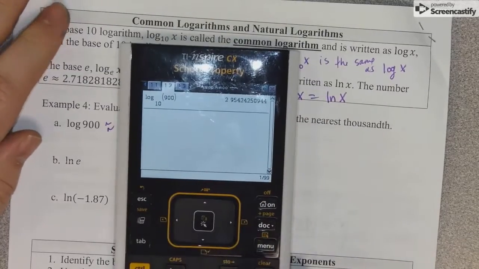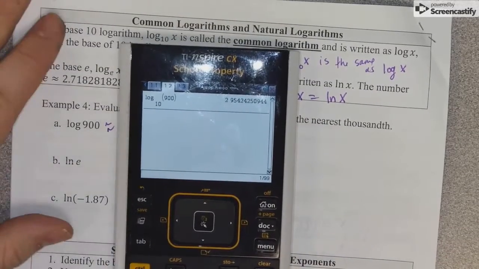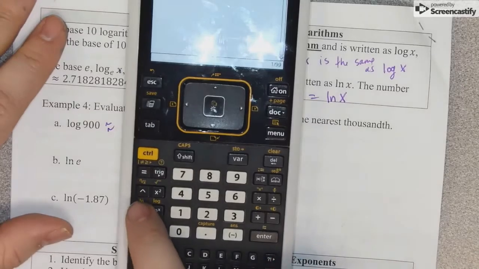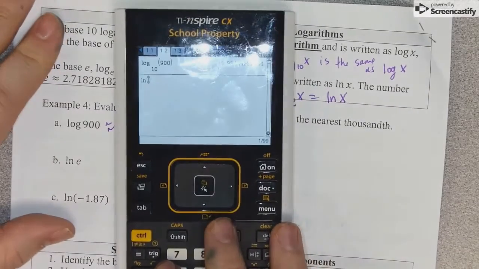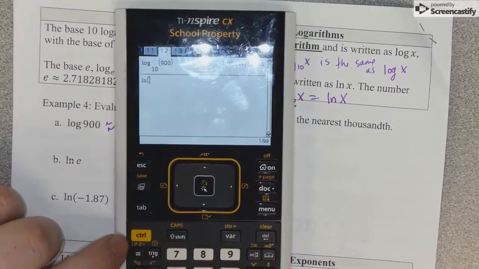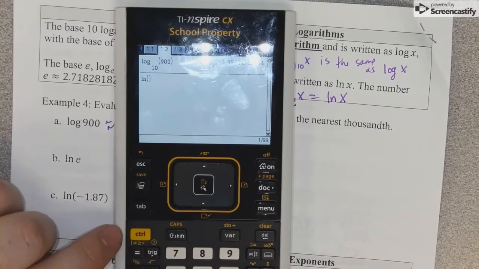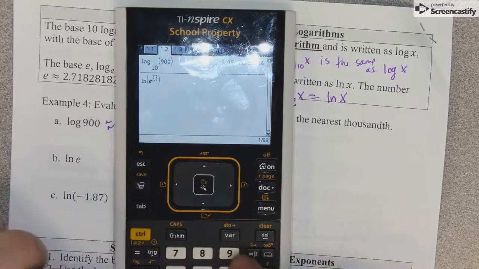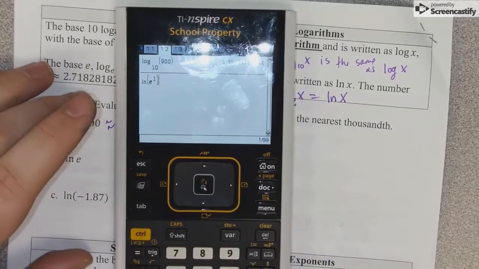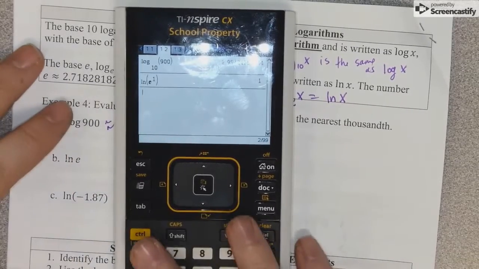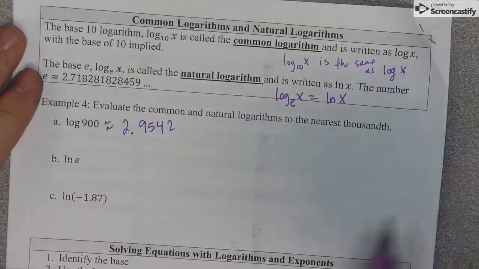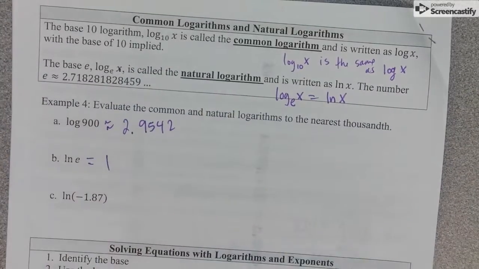The next one, ln e, so you would hit control and then e to the power of x, and ln, and then we'll type e. We'll hit e to the first power. And that gives you 1. So this equals 1. So you just use a calculator for these.